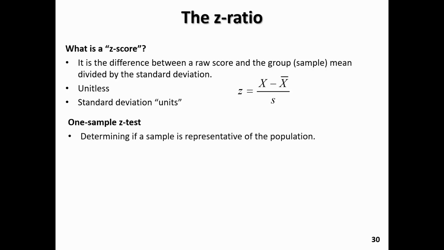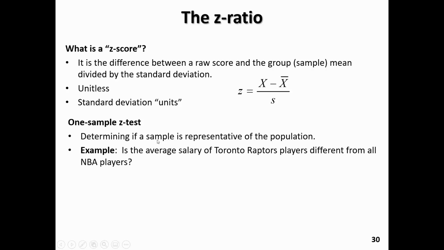The one sample z-test is a statistical test that will allow us to make a decision related to a null hypothesis. It lets us state whether the sample is representative of the population. In this example, we're going to examine the average salary of Toronto Raptors players and ask if that average salary is different from all NBA players.